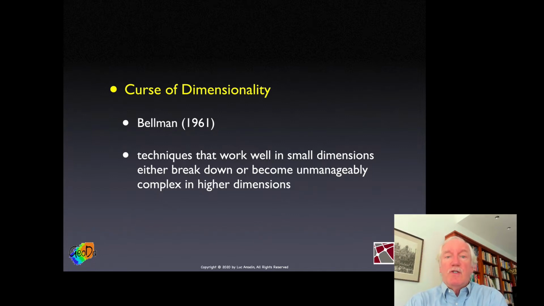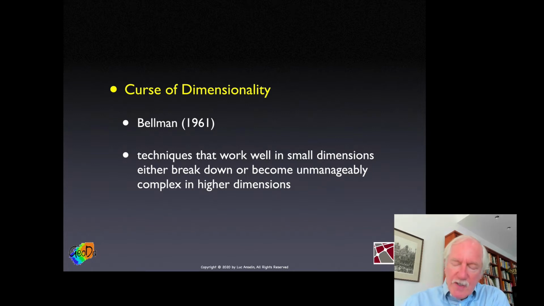With large dimensions, we're talking about hundreds or thousands of variables, in some commercial applications, millions of variables. What the curse means is that a technique that works very well, say for 2 or 3 variables, either totally breaks down or becomes unmanageably complex, in the sense that it takes forever to compute in higher dimensions.